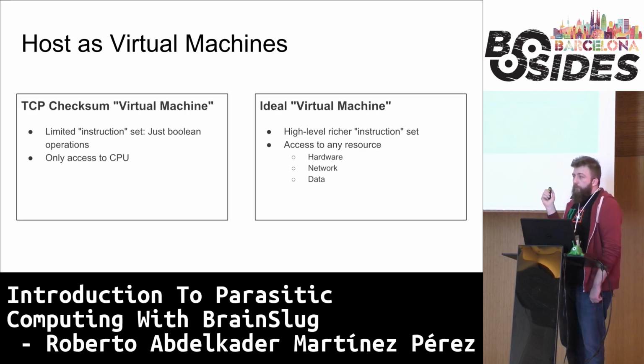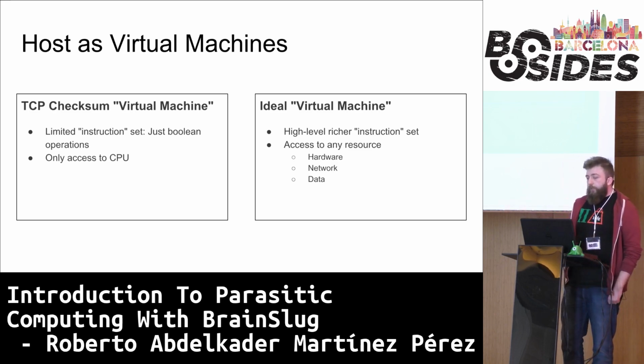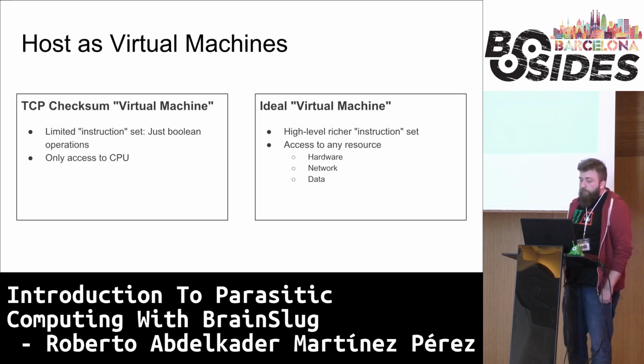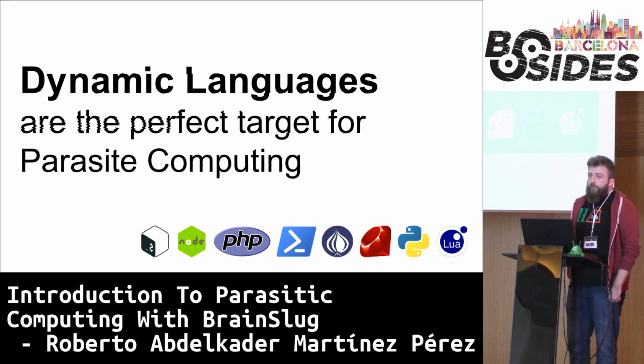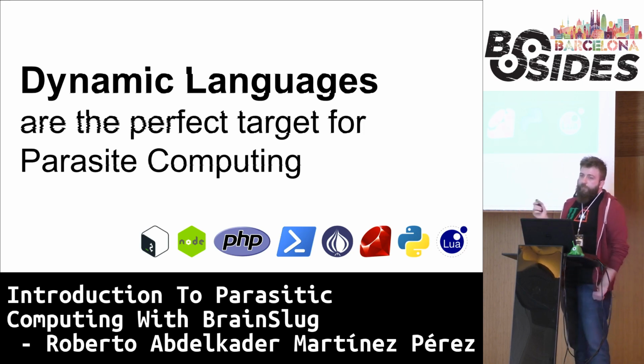And also, we'd like to access any resource that the host has, like hardware, network, or any data. So, my conclusion is that dynamic languages are the perfect target for parasite computing.